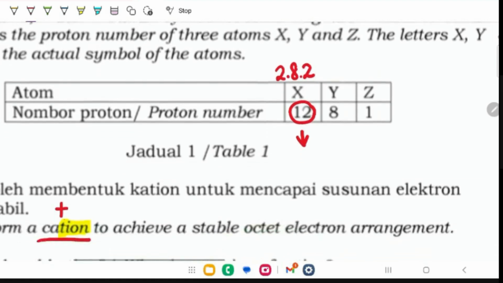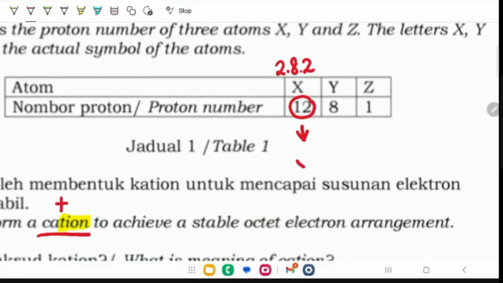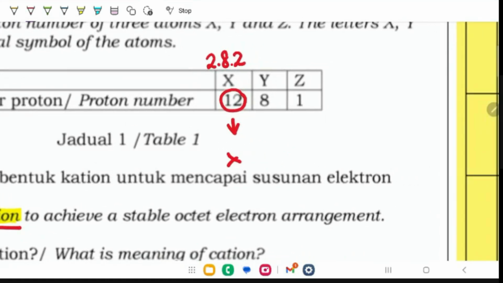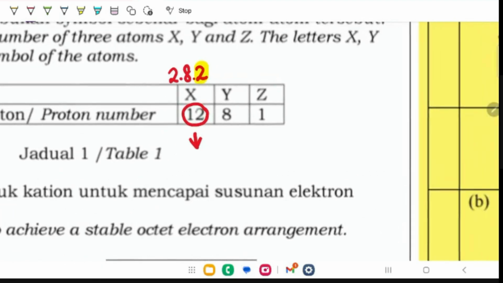So it releases 2 electrons, so it becomes X positive 2, or 2 positive. Lost 2 electrons here, so becomes 2 8. So it will form X2 positive.